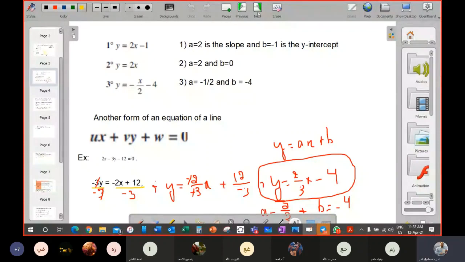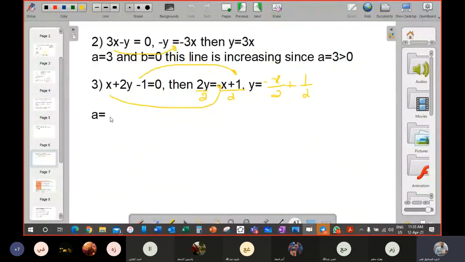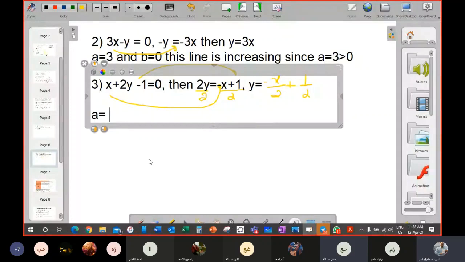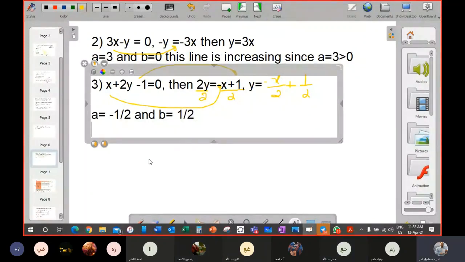The slope here, Hassan, is what? Minus 1 over 2. And the y-intercept? 1 over 2. Let's follow along. So this line is increasing or decreasing, Hassan?